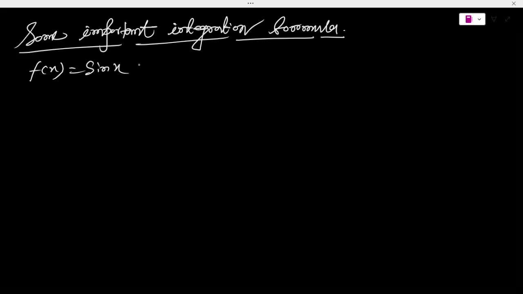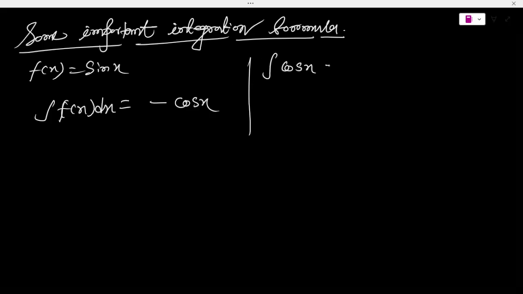If you take the integration of f of x dx, what will come out? It will come out minus cos x. Similarly, the integration of cos x will come out sin x.